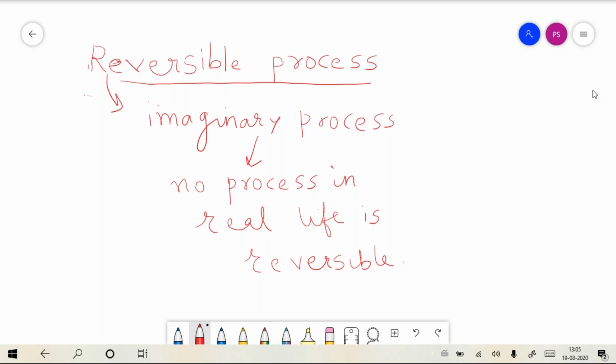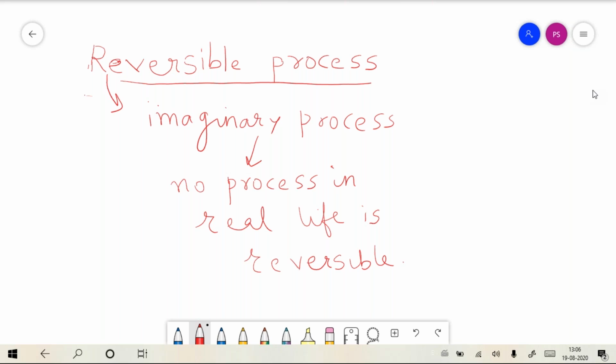Now, in order to appreciate what is the reversible process, you need to appreciate one, what is a quasi-static process, and the second concept you need to understand is having a nullifying effect on the surroundings. When you are talking about reversible processes, we said that these are imaginary processes.